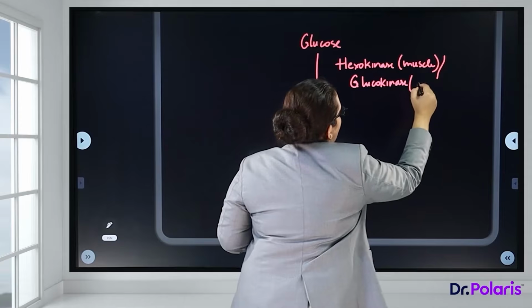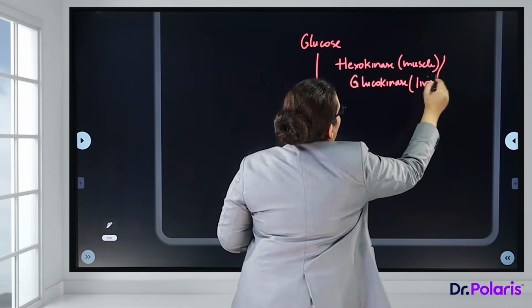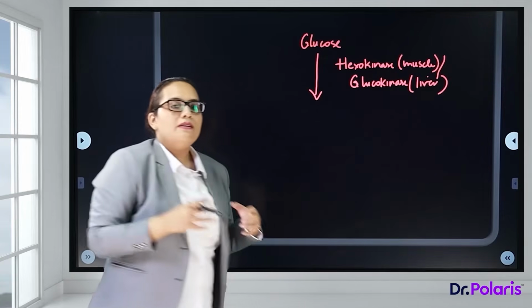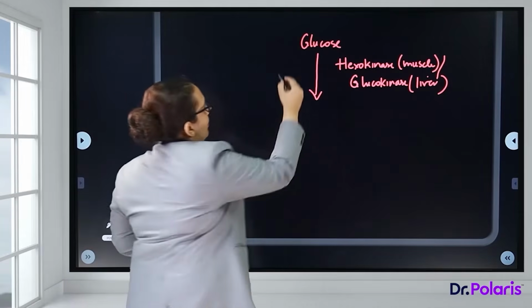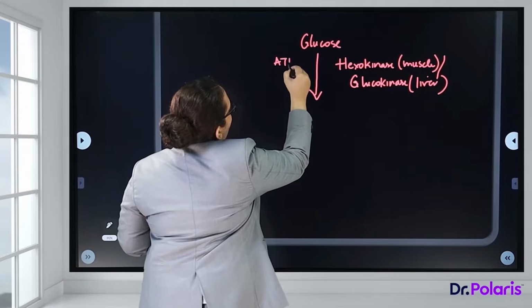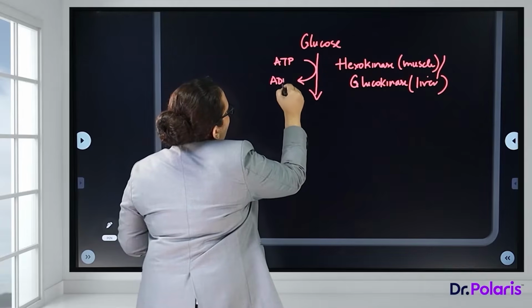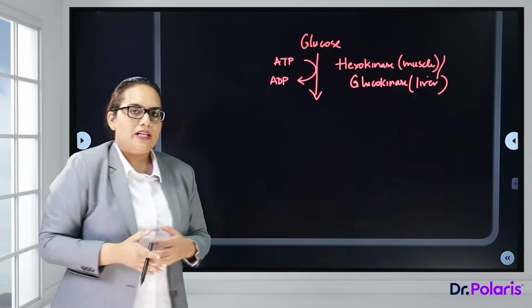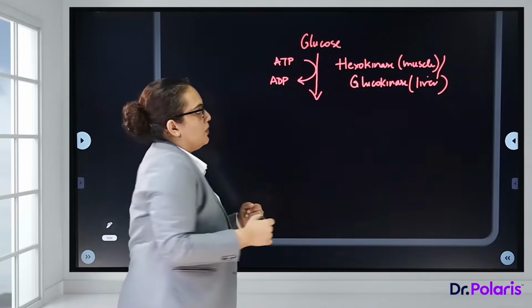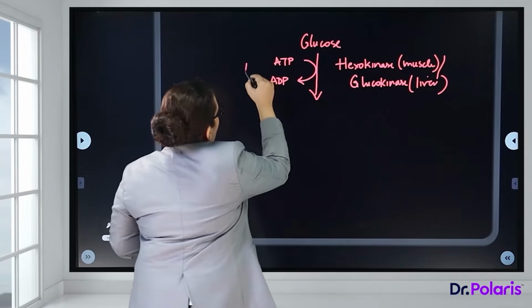Since this is a phosphorylation reaction, ATP is required for donating a phosphate group, and then it gets converted to ADP. The cofactor required for a phosphorylation reaction, that is in case of hexokinase and glucokinase, is magnesium.